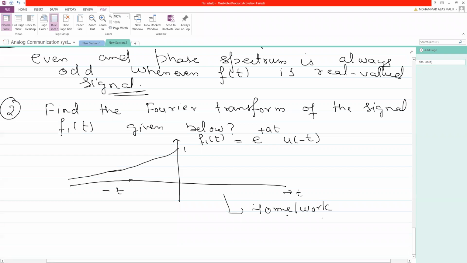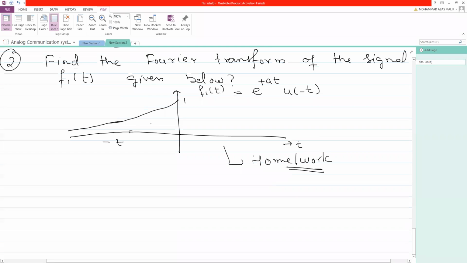This is your homework, or you can say assignment. I will see it tomorrow, right? Just find the Fourier transform, that means F1 of omega for f1 of t. Then draw its magnitude spectrum and phase spectrum.